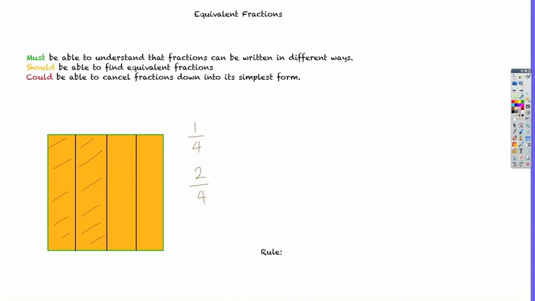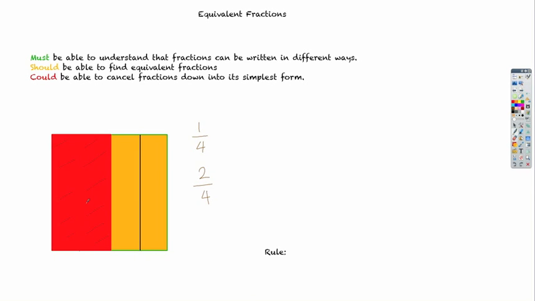So if I was to take that shape and split it into 2, so now we have split it into 2 equal parts, and the part that's shaded is equivalent to 1 out of the 2. So 2 quarters is the same as 1 half.